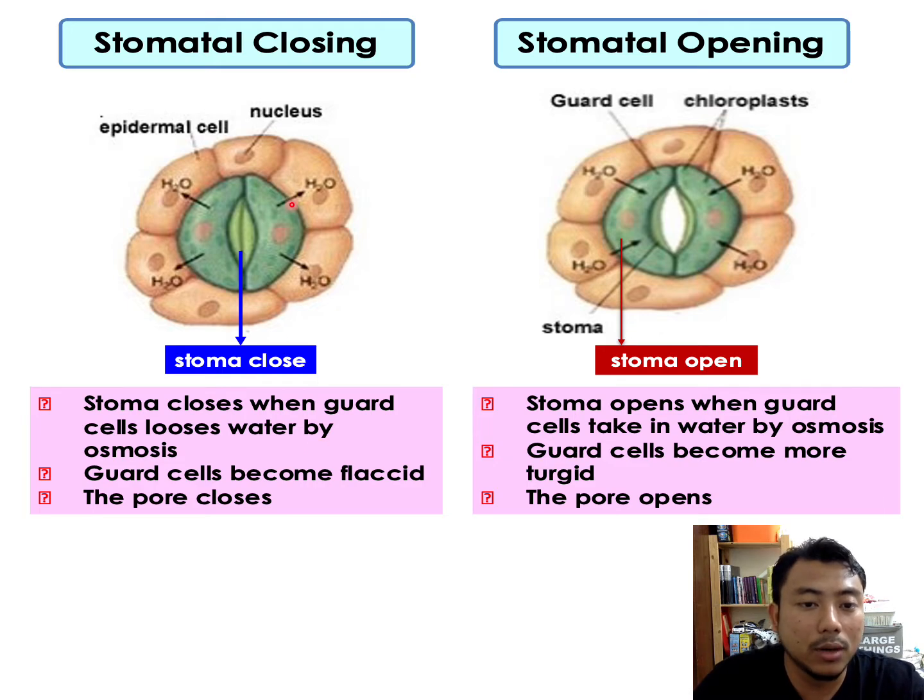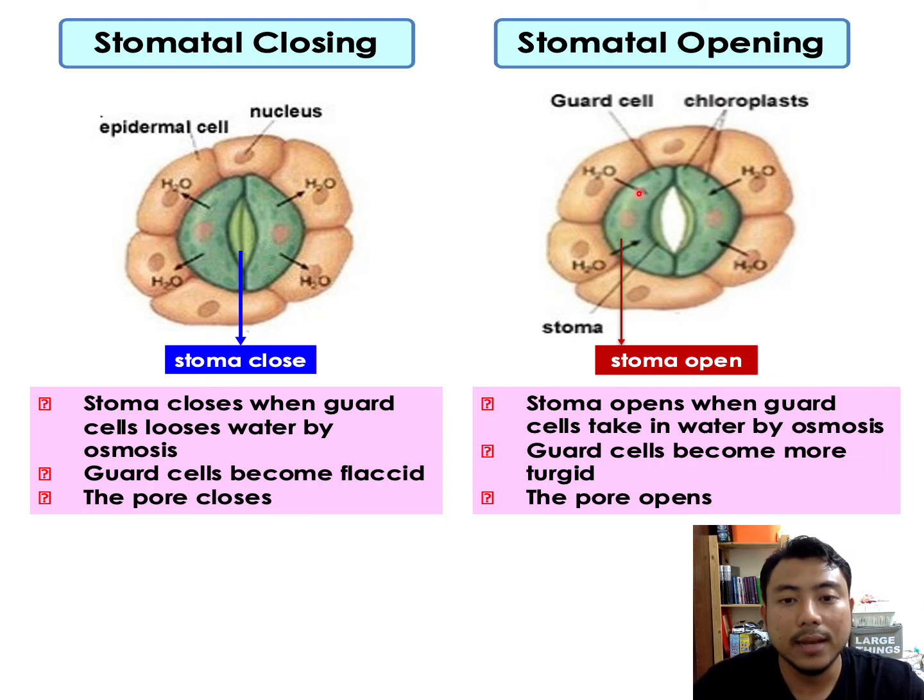Maknanya bila air keluar daripada guard cell pergi ke epidermal cell ataupun the adjacent cell. Adjacent cell ni maknanya sel yang berada bersebelahan dengan guard cell ini. So when the water diffuses out by osmosis, the guard cells become flaccid, maknanya dia jadi kempis lah. So bila kempis, the pore closes.